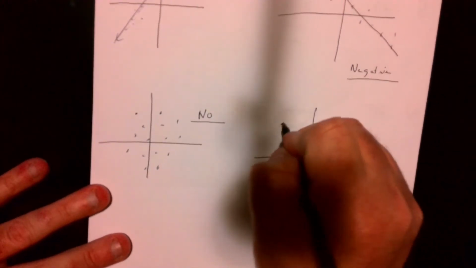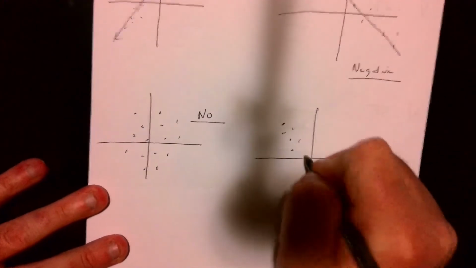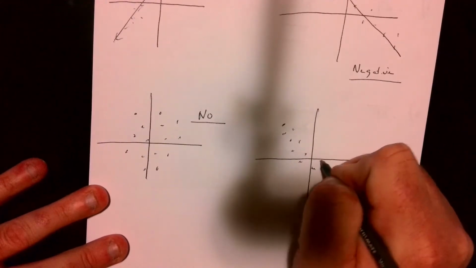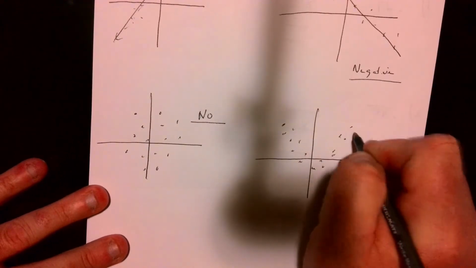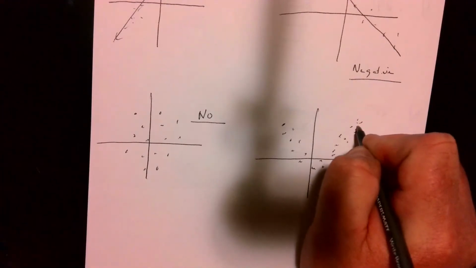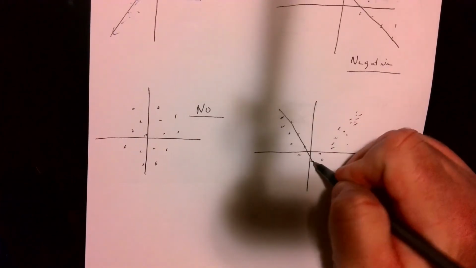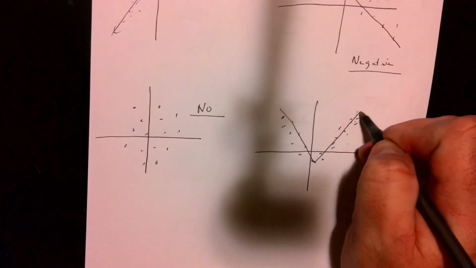We're also going to have some that look like this. They're going to go like this. Okay, so if you look at this one, you've got some lines that are going down, but you also have some that are coming up.